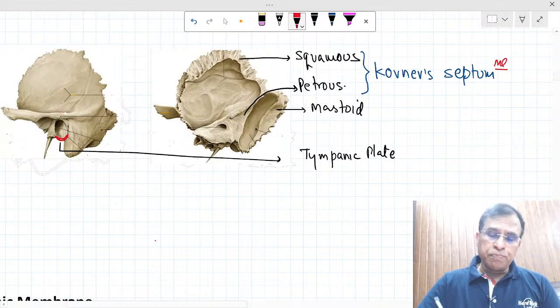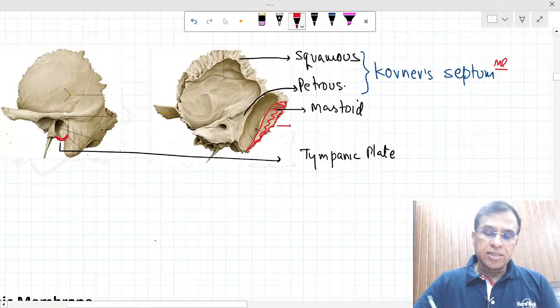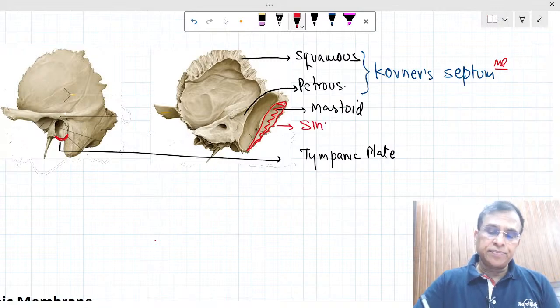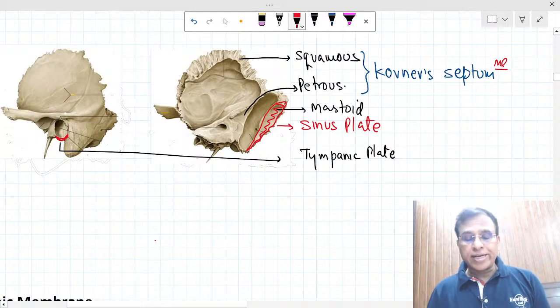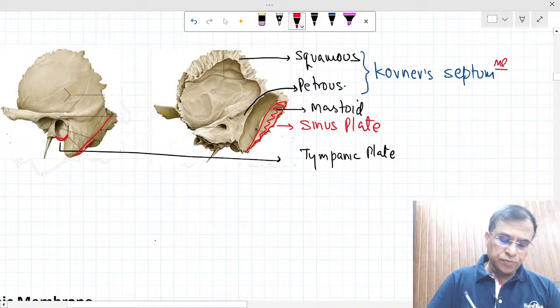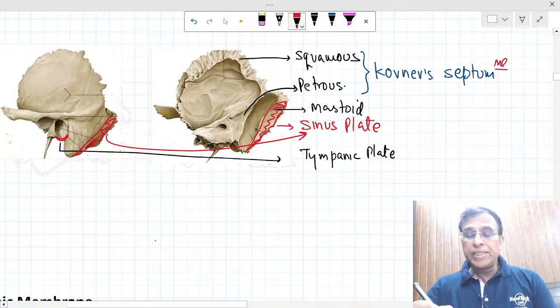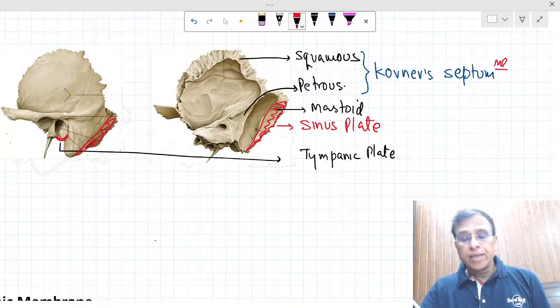This last bone of the mastoid, which is protecting the sigmoid sinus and the lateral sinus, is called the sinus plate, because it is protecting the sinus. In the first image, this bone here is the sinus plate. Remember the name, it will come into play later on.